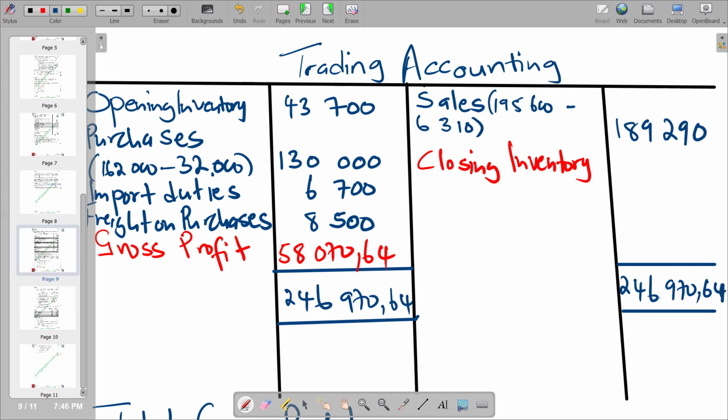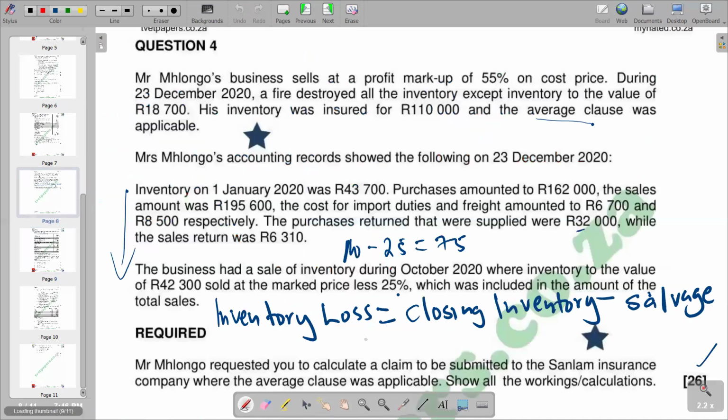And then we are supposed to find the closing inventory as the balancing figure by saying 246,970 rand 64 cents minus 189,290 rand. So you get your balancing figure as 57,680 rand 64 cents. So this becomes the closing inventory. Remember, to calculate the inventory loss, we have the closing inventory and the salvage is 18,700.